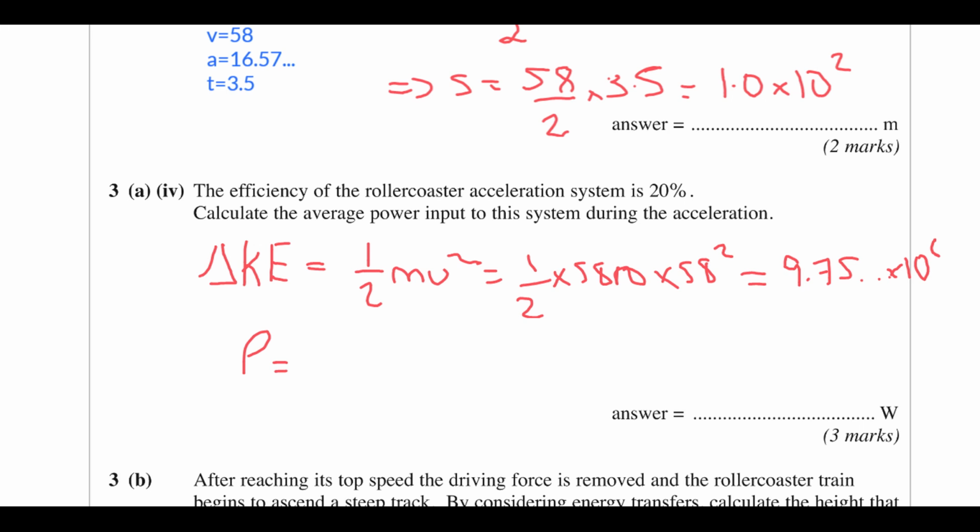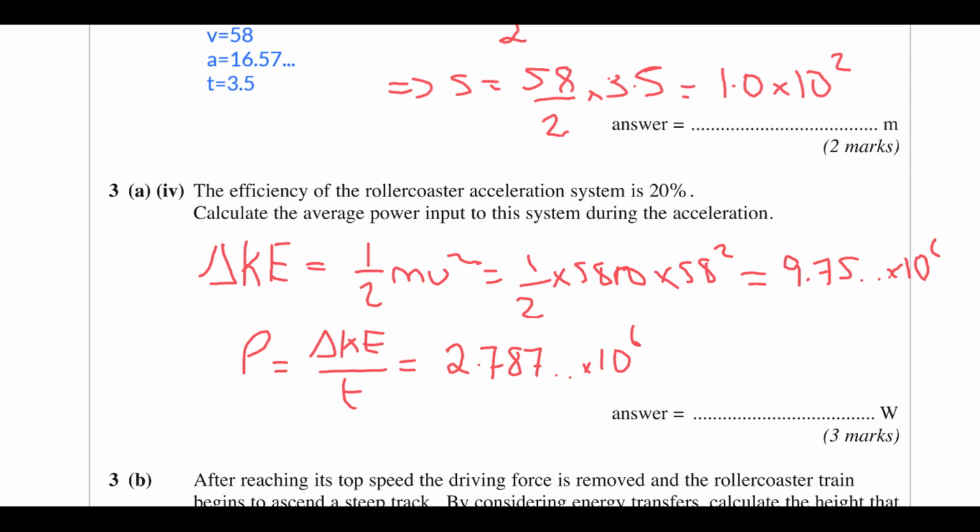Power is going to be the rate of change of energy, so that's the only type of energy that's changing. So that's our answer divided by 3.5. Divided by 3.5 gives us 2.7787 times 10 to the 6.